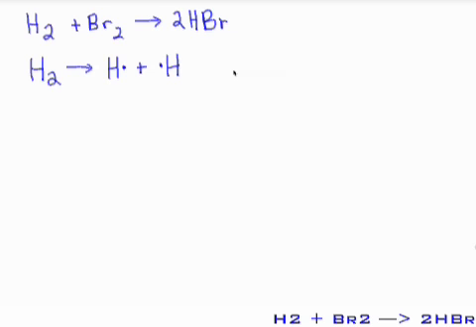So this will work from splitting up H2. I now have an H dot, H radical, that I can react with a bromine to build HBr. Okay. Well, what must Br2 do? Well, Br2 obviously must do the same thing. It must split into two Br dots.